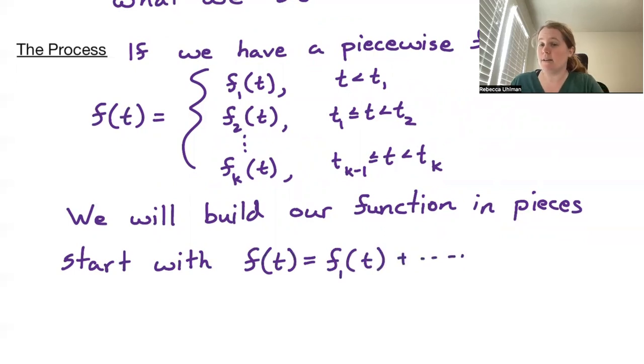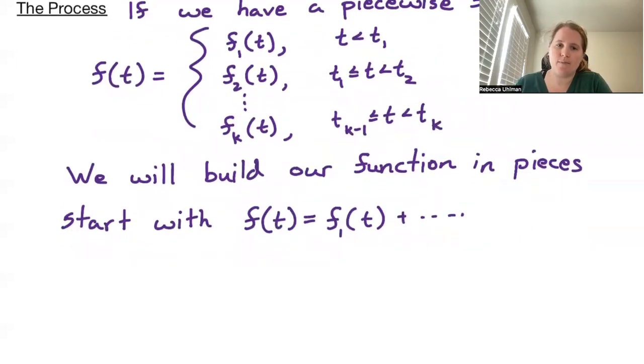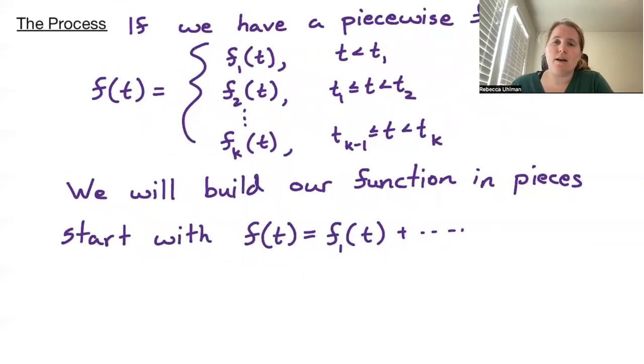So this is defined for the entire beginning of the graph. We start off with f1 of t. So this is correct up through t1, and then after it's wrong.